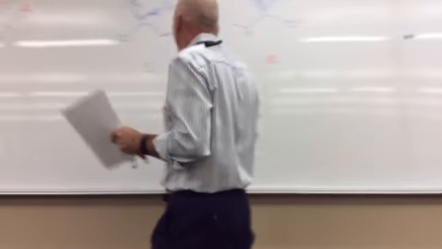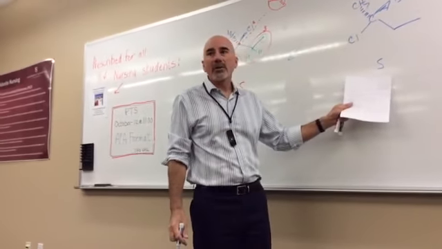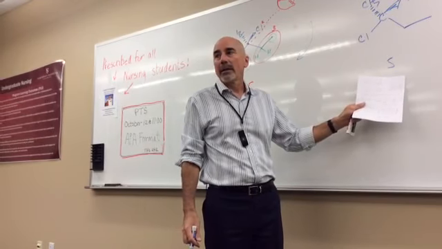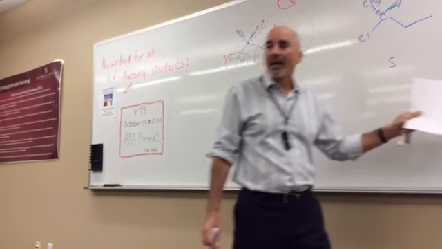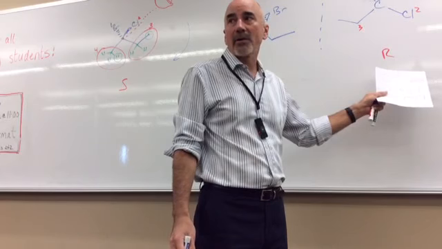If I have this in a bottle, I have that single stereoisomer in a bottle, it is the S stereoisomer. If I have this isomer in a bottle, I have that single stereoisomer.